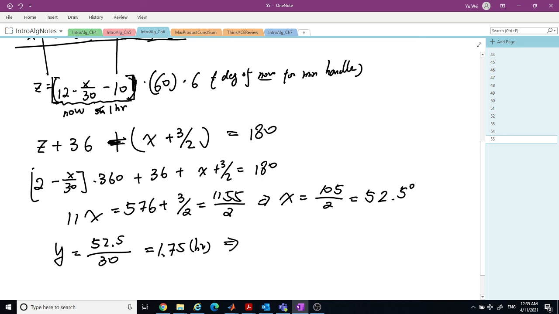Now let's count the current time. Now equals 12 minus 1.75 hours, so it's 11 o'clock minus 45 minutes, which is 10:15.